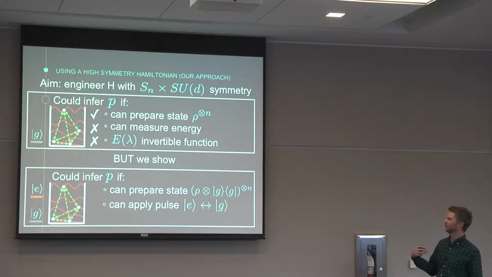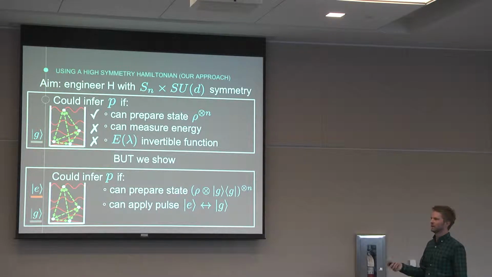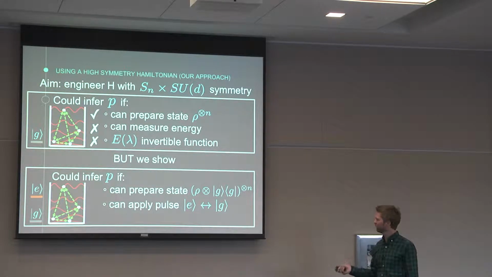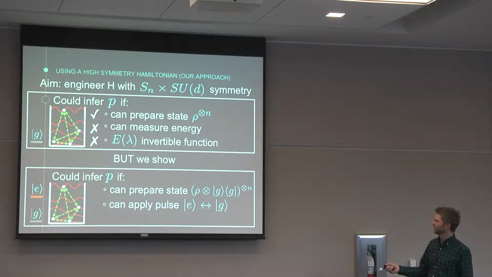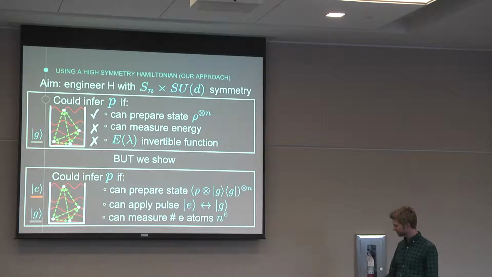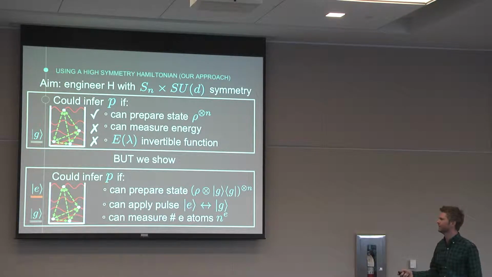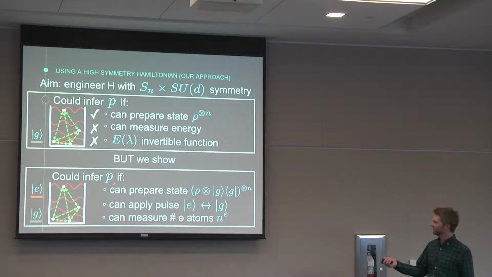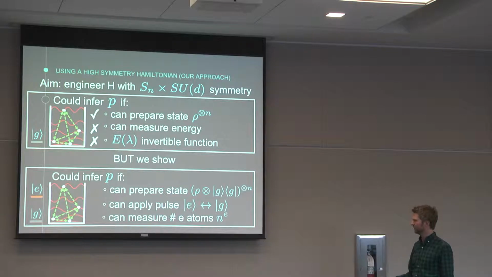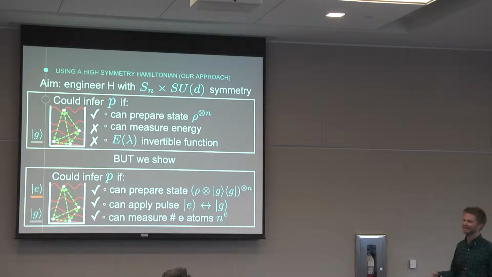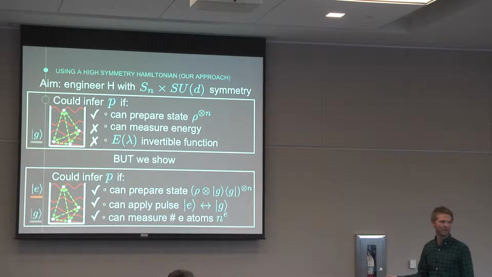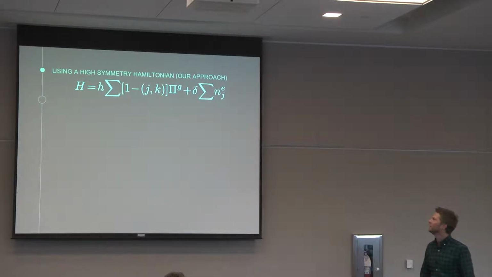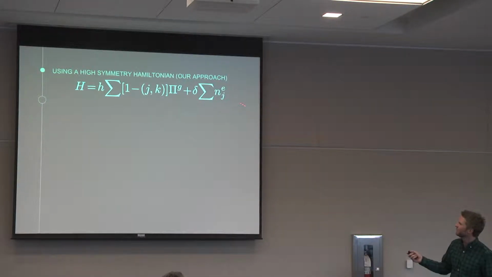You should also be able to apply some unitary transformation, which transforms between these two different states on the atoms. And you should also be able to measure the number of atoms which are in E versus G. And if you can do that, then you can infer P, and I'll describe in a second how that would work. But the key thing is these should all be possible experimentally. So that's the Hamiltonian that we had.